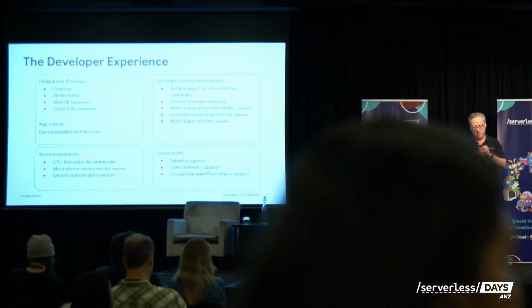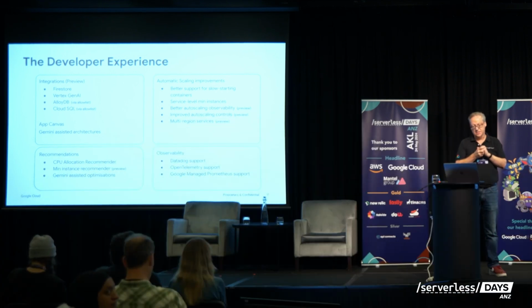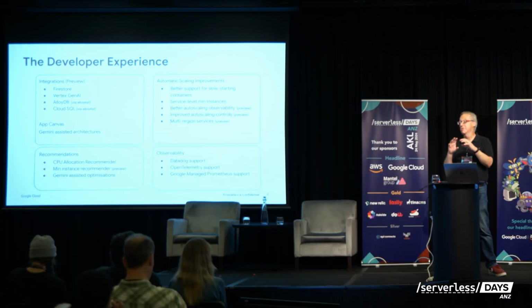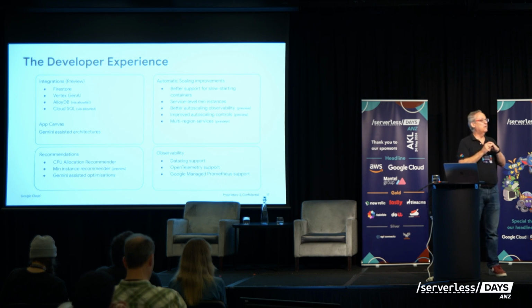We also now provide machine learning-based resource allocation recommendations. If we detect that your Cloud Run instance is constantly peaking at CPU or constantly underutilized, we'll say, you know what, you should lower your instance specs, or you should increase your instance specs to help improve performance.